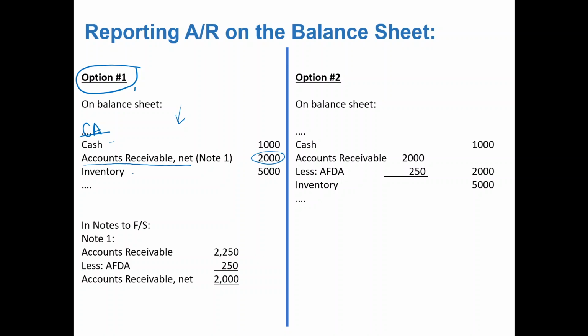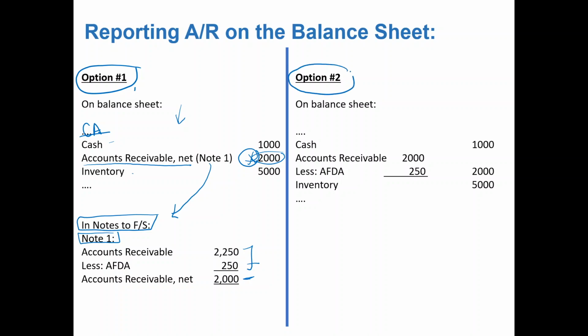But since we haven't shown the details right on the balance sheet, we now have this reference to note 1. So the user would look a few pages away into the notes of the statements, they'd find note 1, and here are all the details. So we've got our gross AR, $2,250, less the AFDA, gets us to this net amount of $2,000 that is actually shown on the balance sheet. So that's one way.